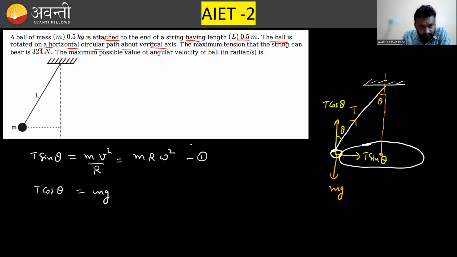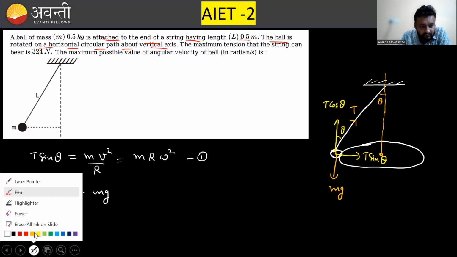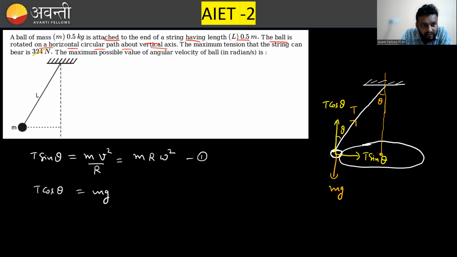Look at me. The maximum tension is given as 324 Newton. Now, listen to me. If you increase the angular velocity, then tension will increase, and at a certain value of angular velocity, this string will break. Is it clear to you?